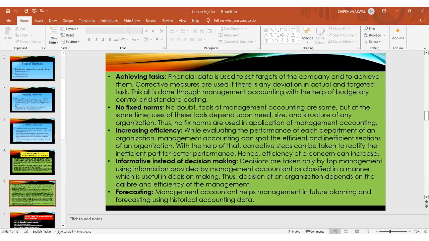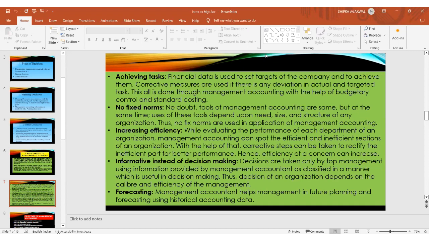Next is it increases the efficiency. Now, when I use the term efficiency, that means I'm talking about getting the maximum output with the minimum input, right? So in this case, when we want to evaluate the performance of each and every department or each and every unit of the organization, then management accounting can spot the efficient and the inefficient sections among all of them.